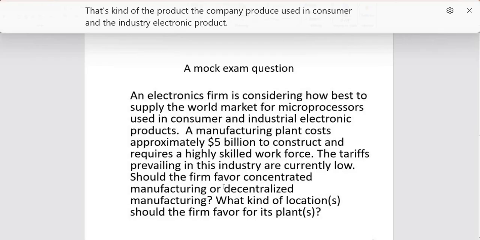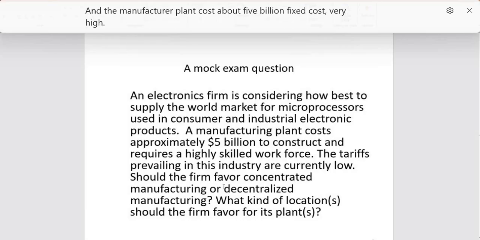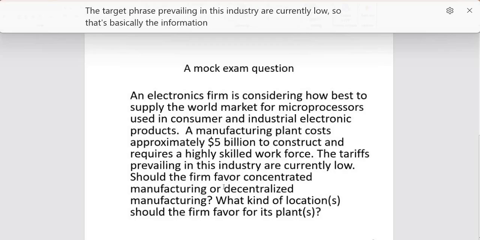The manufacturing plant costs about 5 billion. Fixed cost is very high to construct and requires a highly skilled workforce. Then the tariff rates prevailing in this industry are currently low. So that's basically the information we gave students.